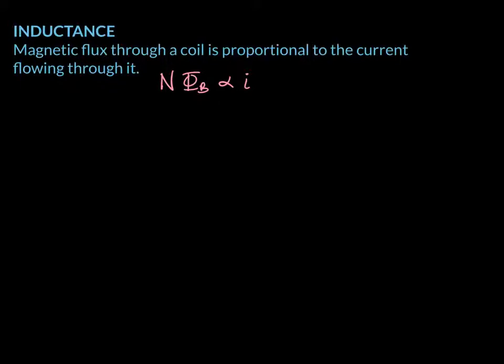Anyways, inductance is a proportionality constant, and hopefully your book pitches it that way at least once. The flux of a coil is proportional to the current flowing through it. The way I would write that mathematically is N, the number of loops in the coil, times flux, that thing we've been hitting a whole bunch, and that's directly proportional to current.